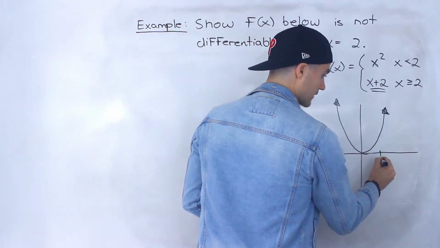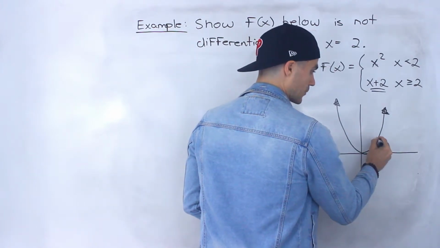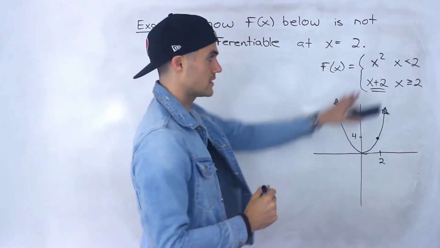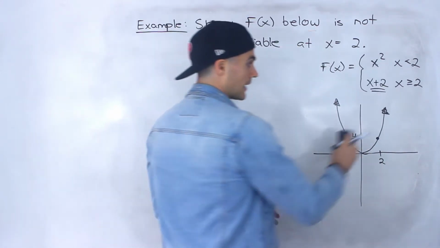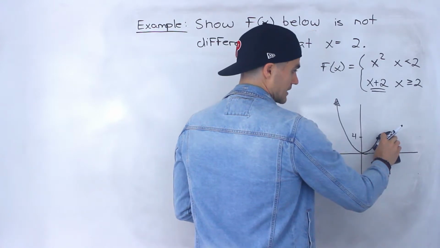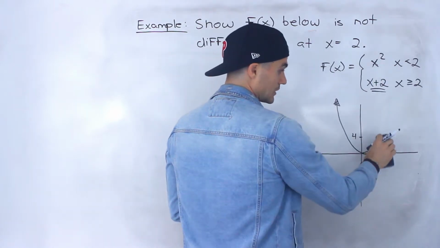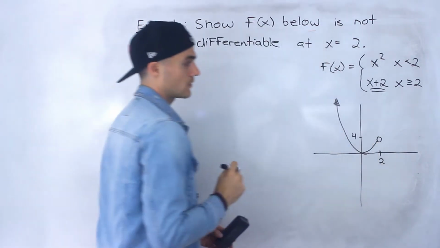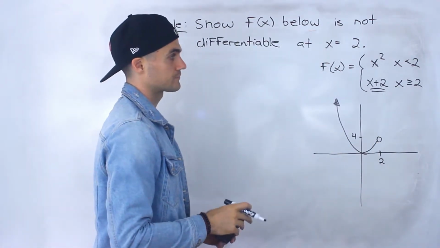So we're going to have 2 here, and then we're going to have that y value of 4, right, 2 squared. But it's not defined for x values greater than or equal to 2. So notice that there is going to be a hole there.